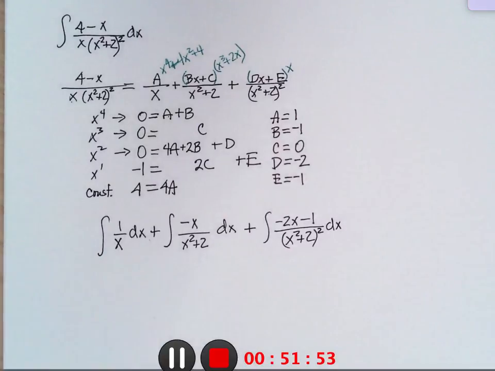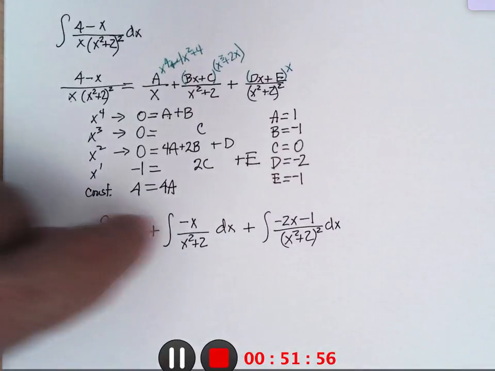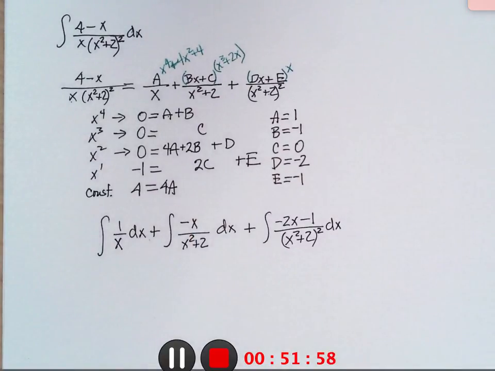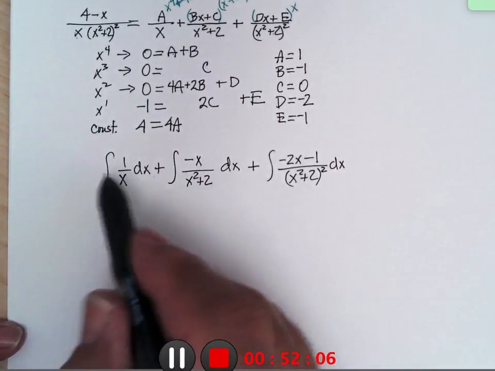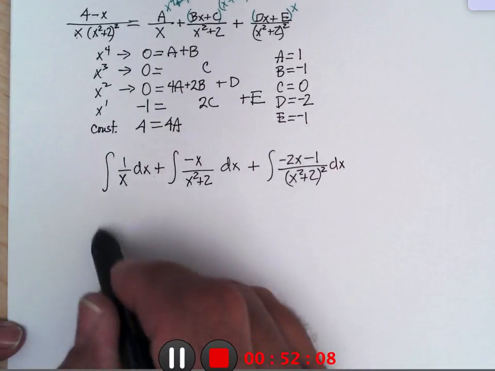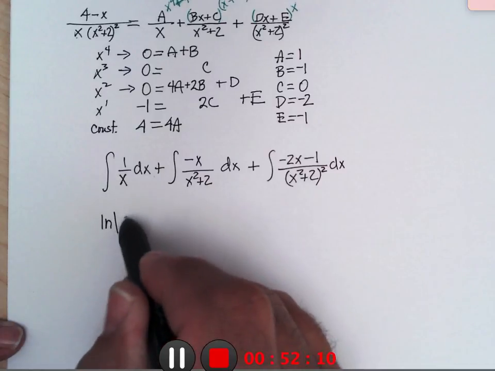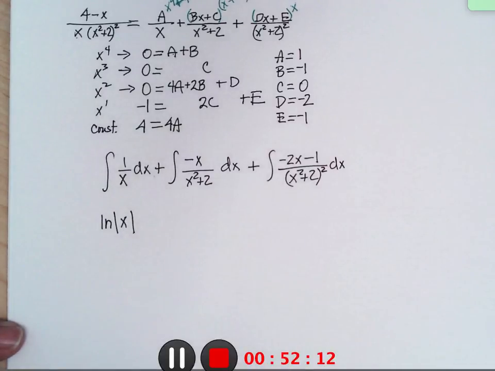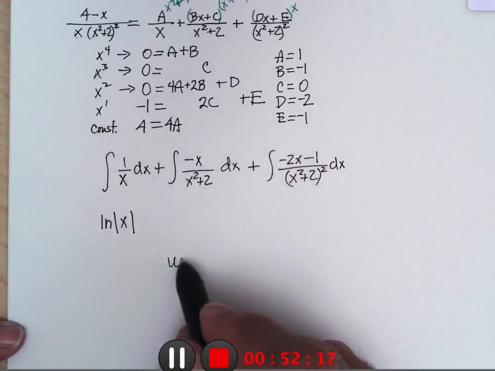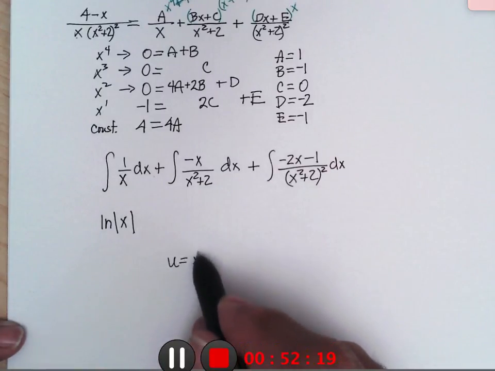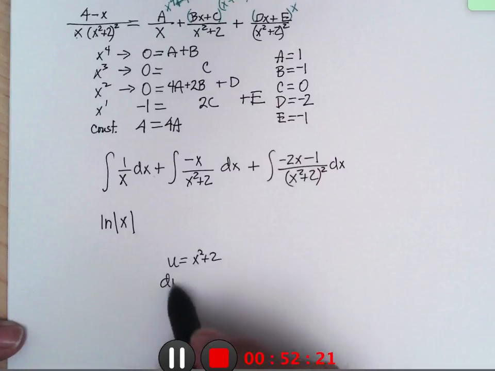This integral is going to be easy. This one is not easy. It's partially easy. So this one is going to be ln absolute value of x. This one we're going to do a u sub for the x squared plus 2, du equals 2x dx.